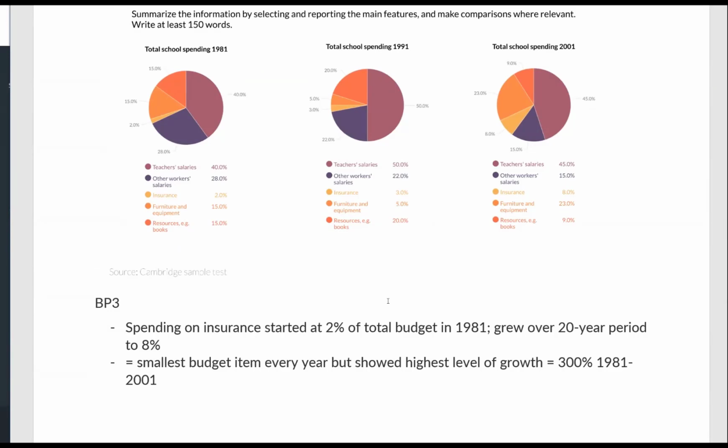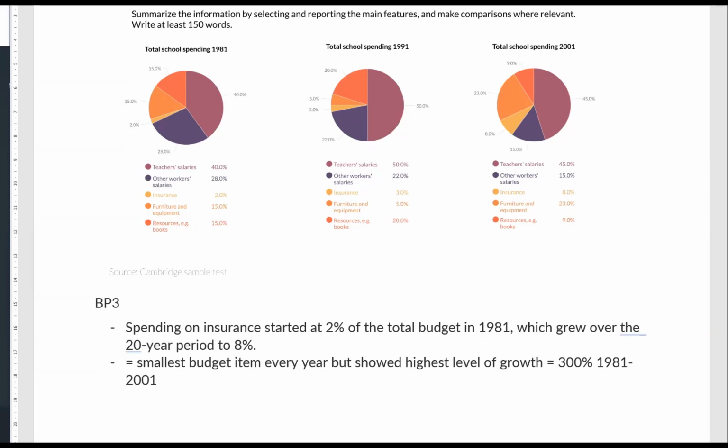The spending on insurance started at 2% of the total budget in 1981, which grew over the 20-year period to 8%. Good.